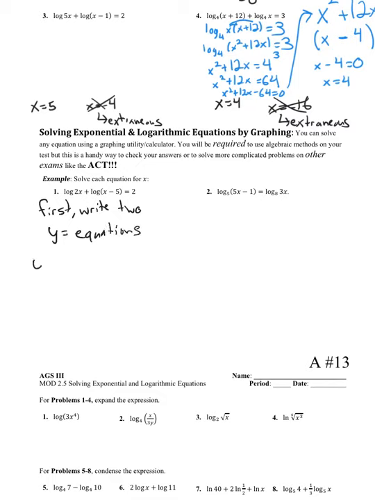So we can say y equals log of 2x plus log of x minus 5, and y equals 2. And now I can put those in my calculator. Two separate y equals equations, I can put them on the graphing calculator. And then I'm going to find the intersection of the two lines.